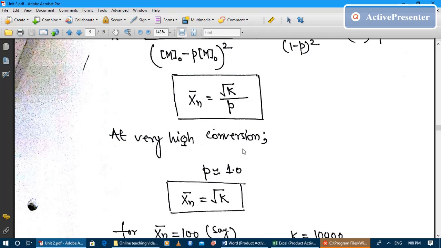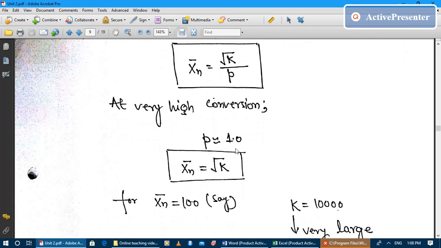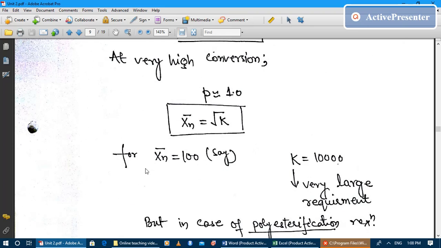At very high conversion, where conversion is almost 100%, or we can say the value of the conversion is just about 1, this expression will be Xn bar is equal to under root K. Okay, so let's say in order to obtain a moderate molecular weight of polymer or polyester, say Xn bar 100 is our target.